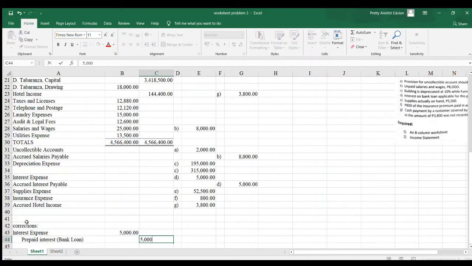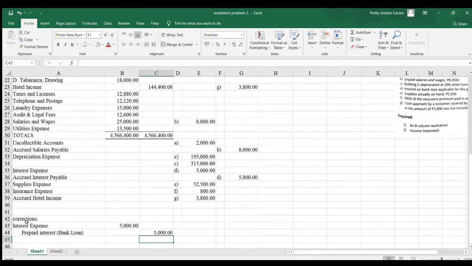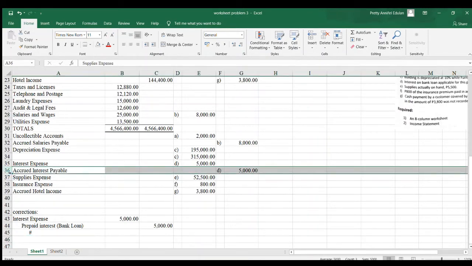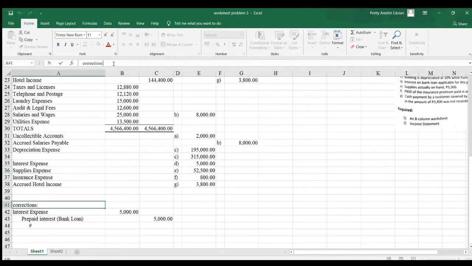I haven't noticed the word bank loan in parentheses, but supposedly, that is accrued interest payable. So again, this will be the correction for the adjusting entry.